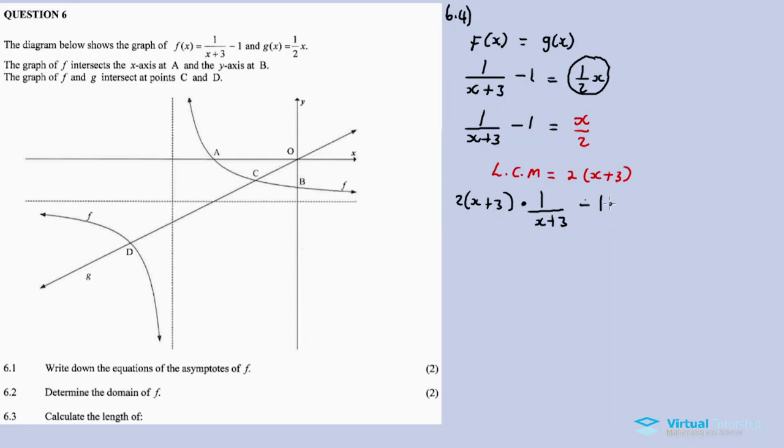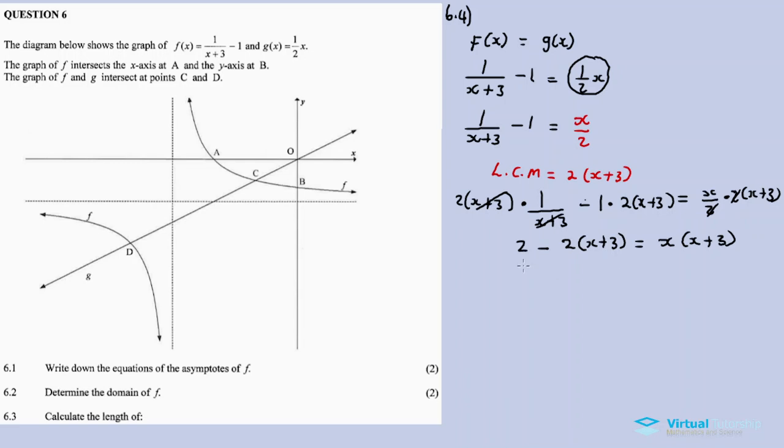Minus 1 times 2x plus 3 equals x over 2 times 2x plus 3. This 2x plus 3 cancels with this one, and 2 times 1 over 2 minus 1 times 2 in brackets x plus 3 cancels this 2x plus 3, right?